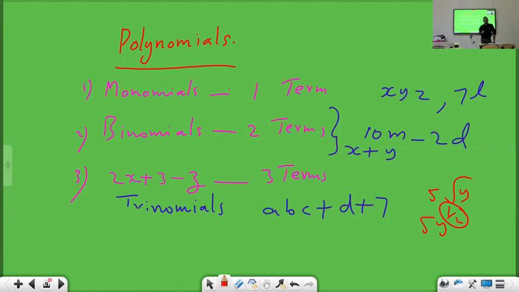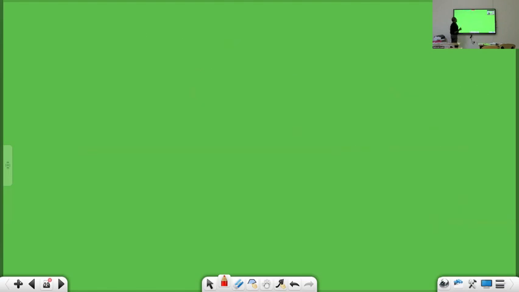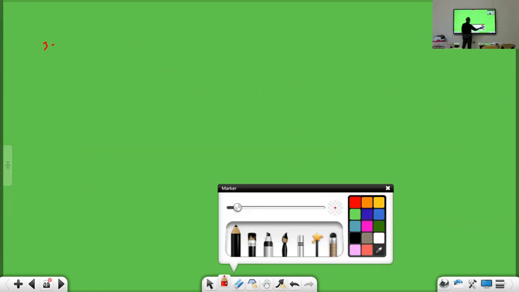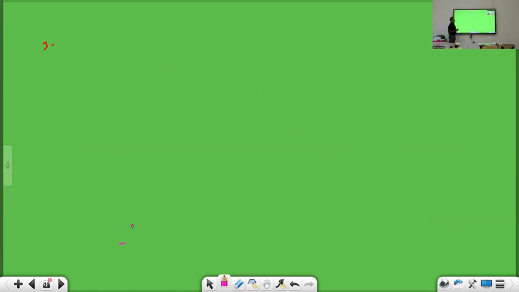So study well, revise, remember. Okay, fine. Now I think I can proceed to the third page. Here, this is page 3. Polynomial you understood. Now, I want to talk about a very interesting thing, that is equation.